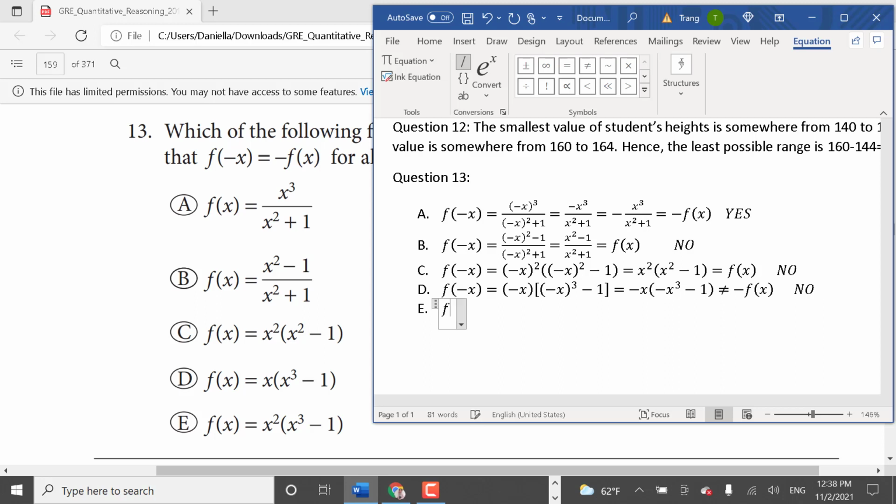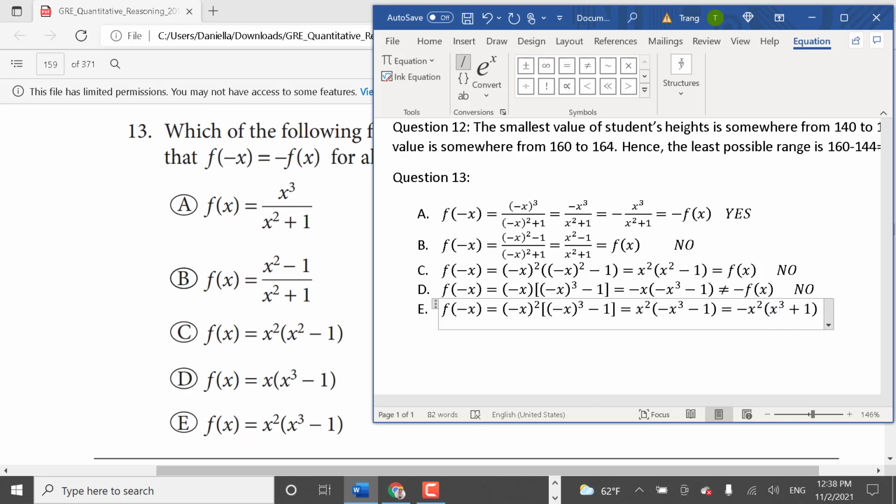And then the last choice is similar. We verify f of minus x, which is equal to minus x squared times minus x cubed minus 1, and is equal to x squared times minus x cubed minus 1. If you factor the minus out, you have minus x squared times x cubed plus 1.